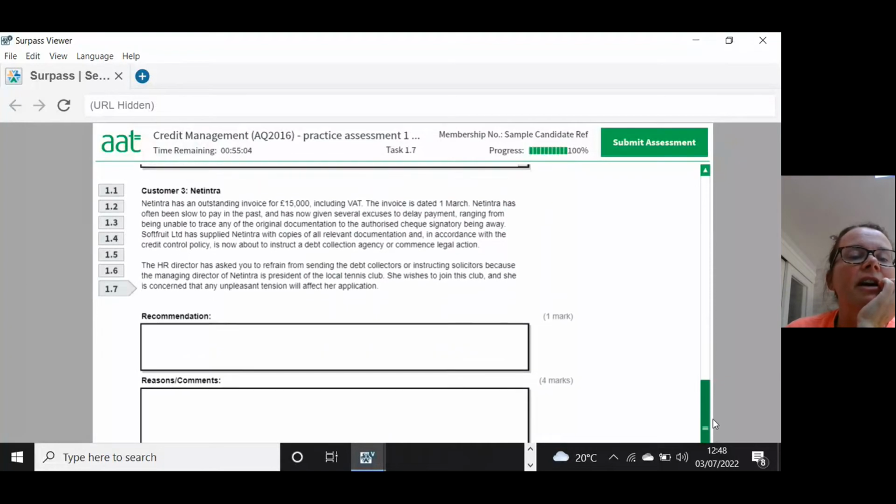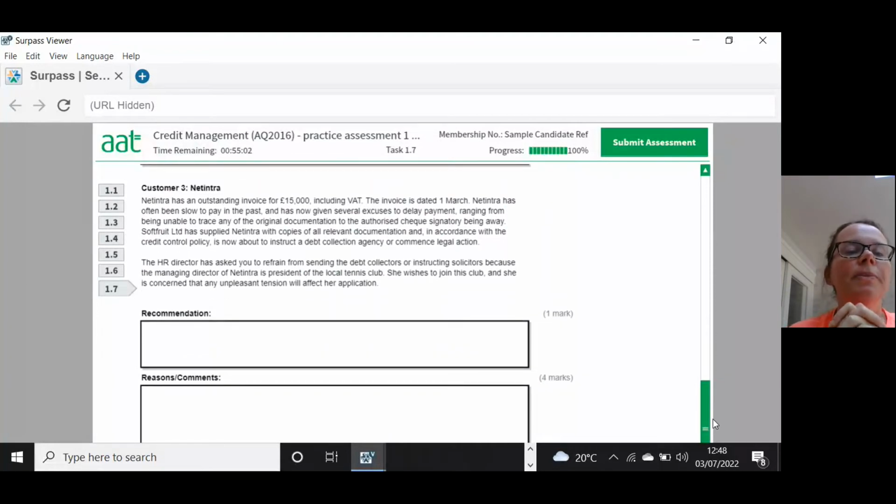Right, third customer, Netintra, has an outstanding invoice for 15,000 including VAT. The invoice is dated 1st of March. Netintra has been slow to pay in the past and has now given several excuses to delay payment, ranging from being unable to trace any of the original documentation to the authorised cheque signatory being away.